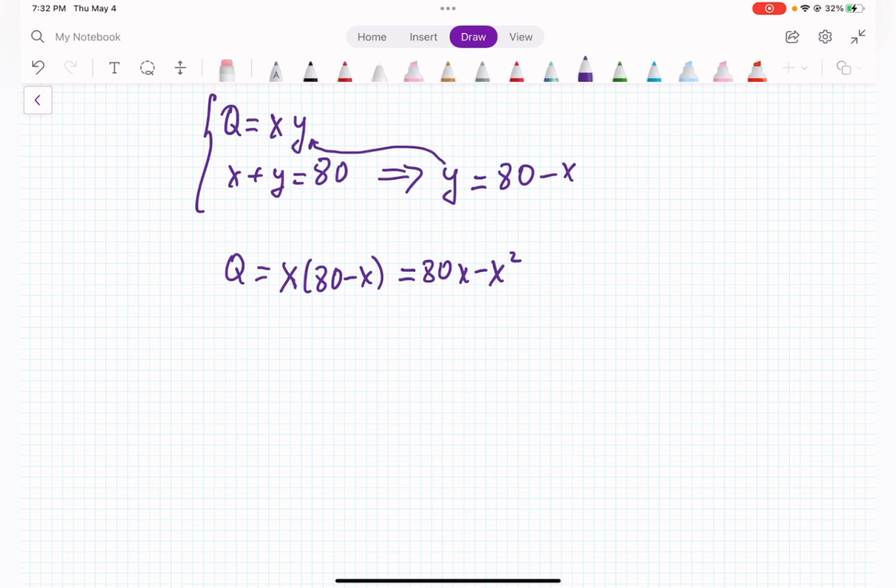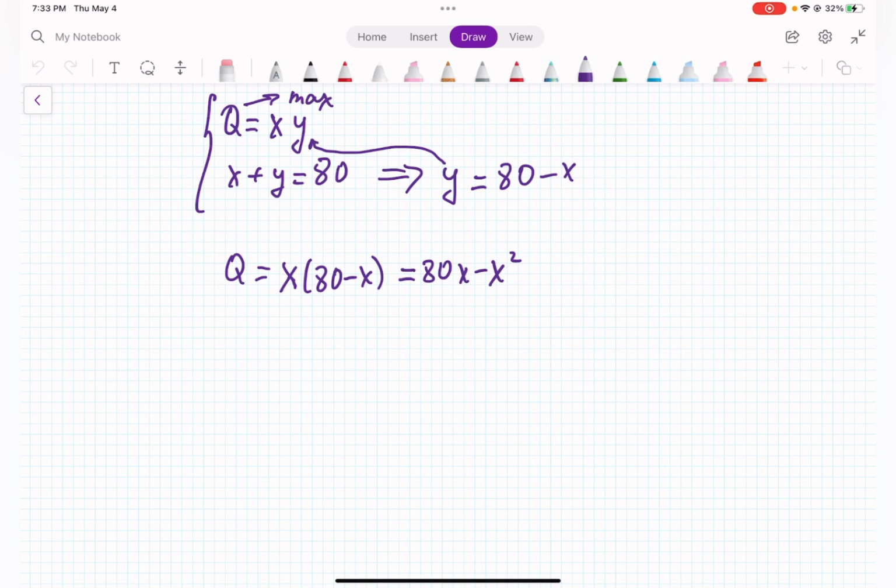Now remember we need to find in what case this product is going to be maximum. To find the maximum of the product, we need the first derivative, remember from previous homework, identify the critical point, and then determine maximum or minimum.